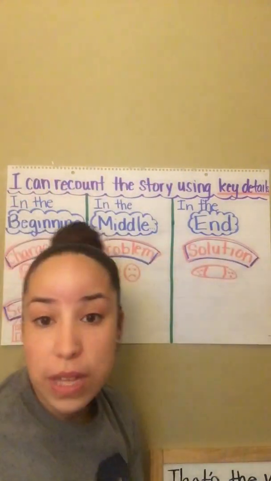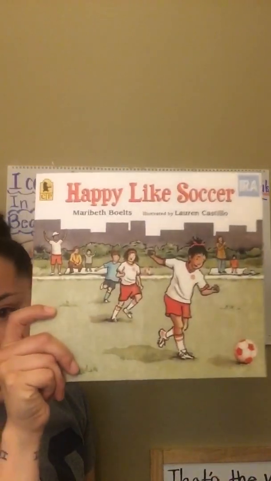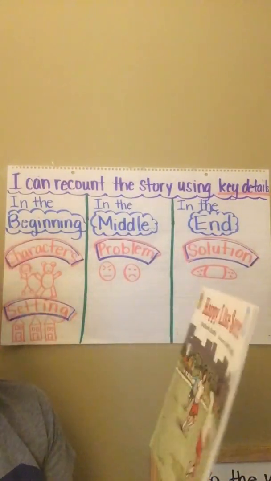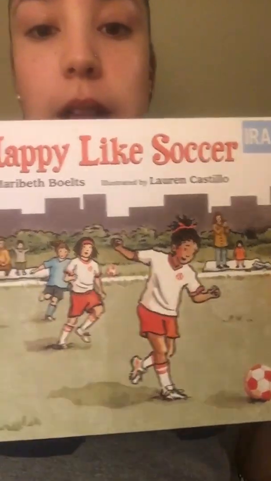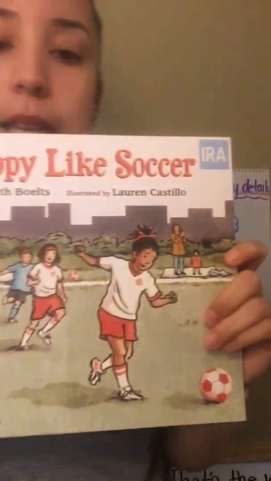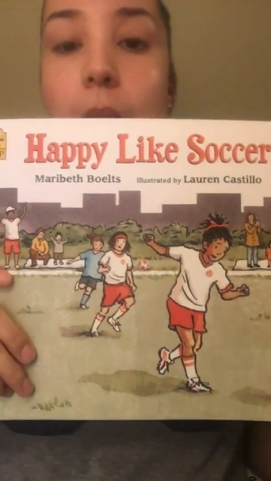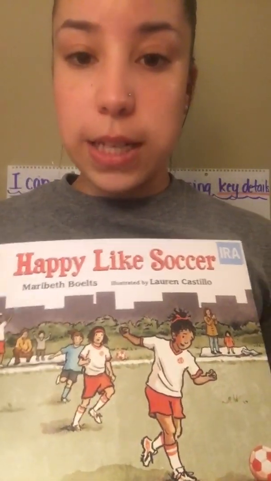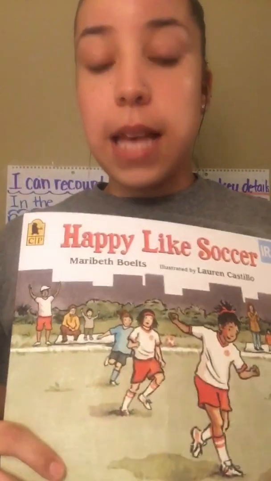You are going to do that today with a book called Happy Like Soccer. And this book is written by Maribeth Boltz and illustrated by Lauren Castillo. And this book is about a little girl named Sierra that lives with her aunt. And her aunt works on Saturdays, which are days that Sierra has soccer games.